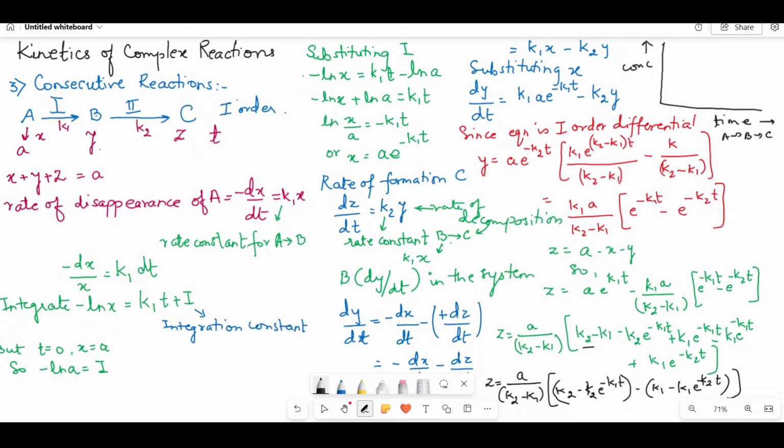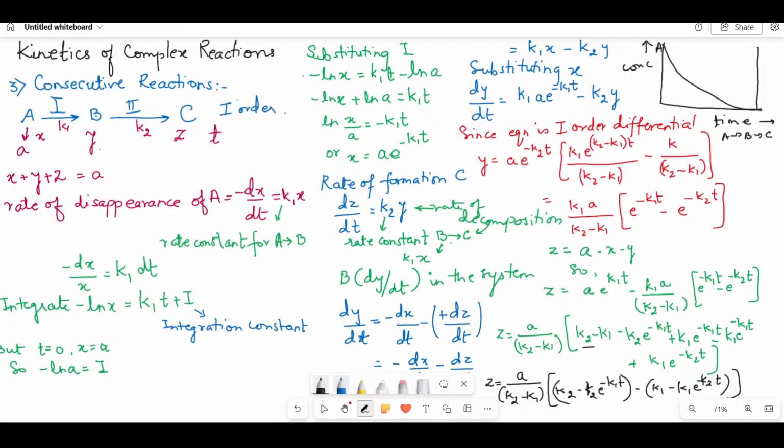A, the initial concentration is maximum, and with time the concentration will keep on reducing. Now this is A. The plot of A, it is disappearing.